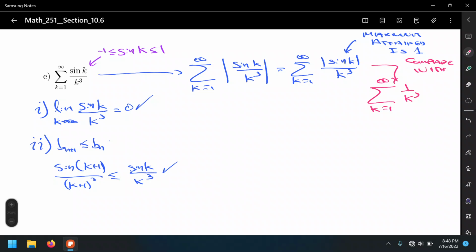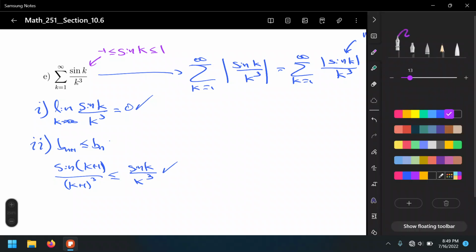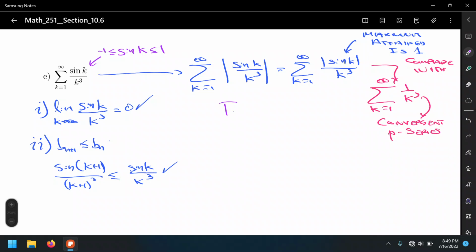So let's see. What do we know about this series? This is a convergent p-series. Alright, so because of convergence, now we need to show that tiny is less than or equal to small.